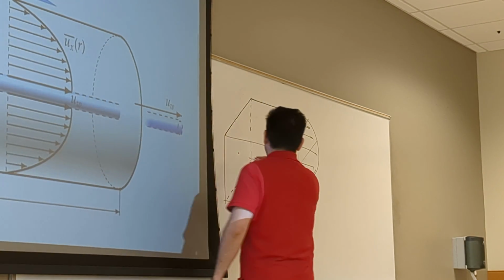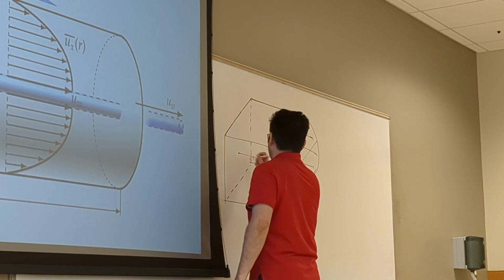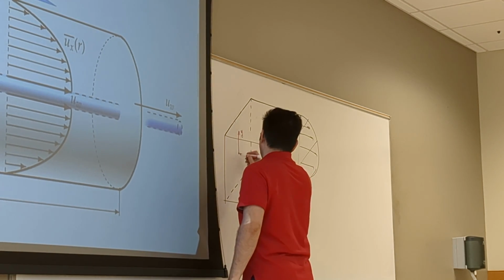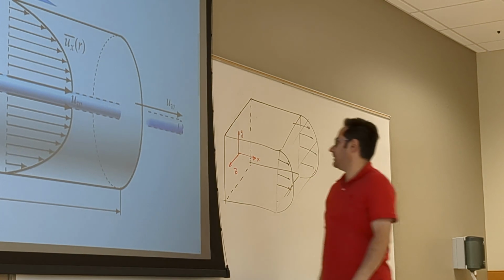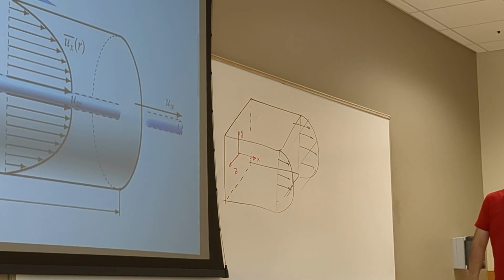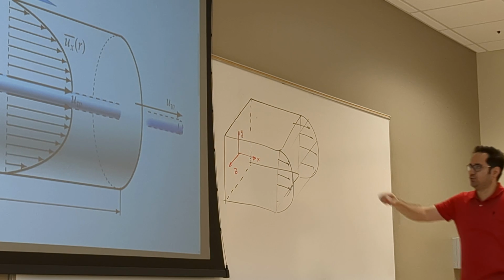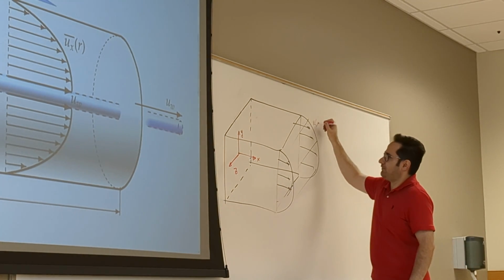So that's your x, then this is your y, and your z is this way. Now, you see that this is the u velocity, and it's a function of y only.